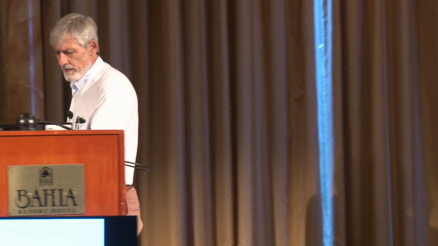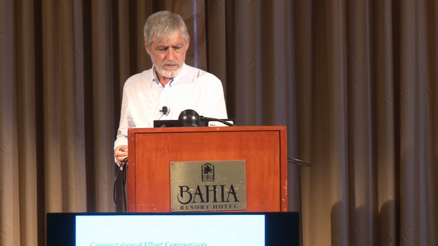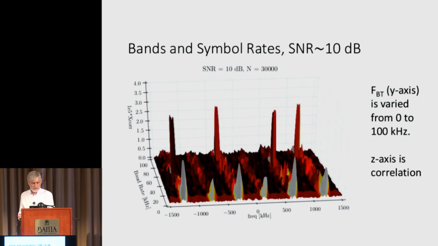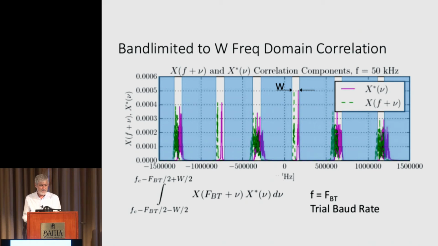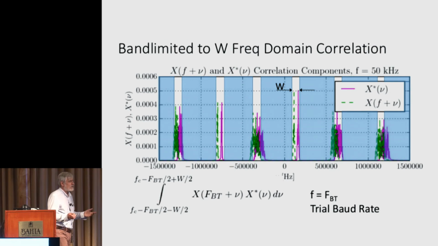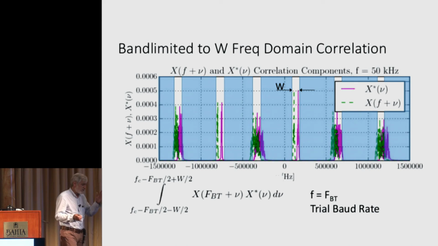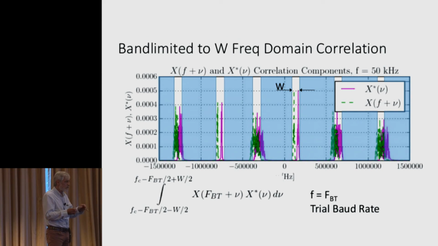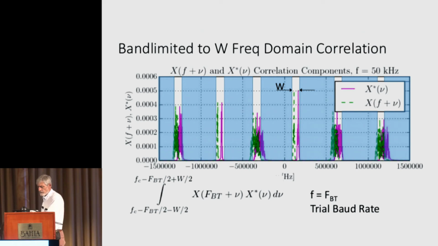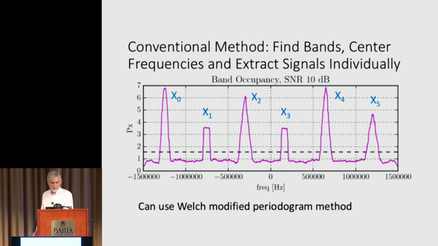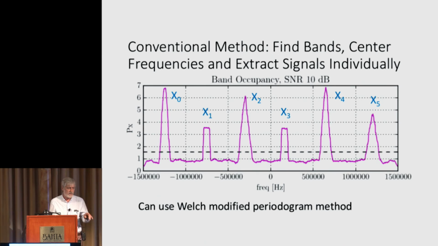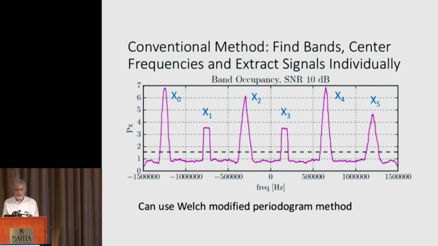If we go back to this picture, the main thing you have to do is find the center frequency and the bandwidth, and that's not too difficult. You set some thresholds, and in fact that's what I did in this picture. You can see the dashed line at the bottom, that's the threshold.